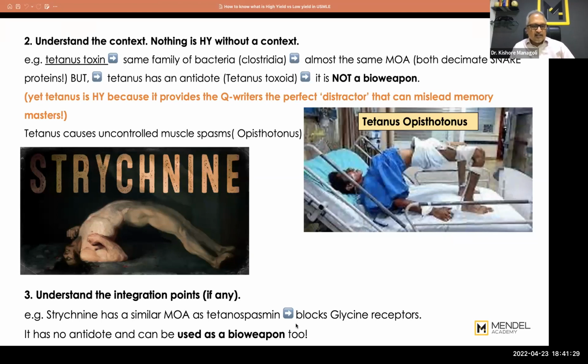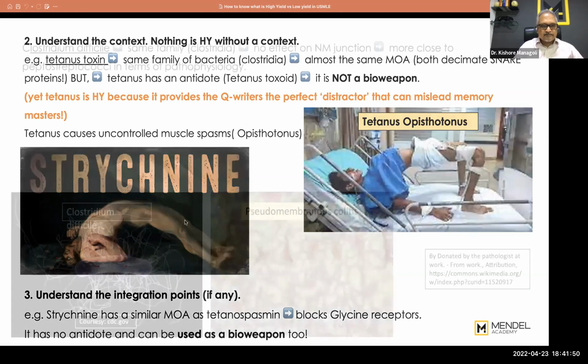Both are Clostridia, but one is a bioweapon, the other one is not. The integration point is strychnine, which is a bioweapon, but it is not a Clostridium species. So you need to know the entire cluster very properly if you have to differentiate, because they will use these as the wrong answer choices in your questions.